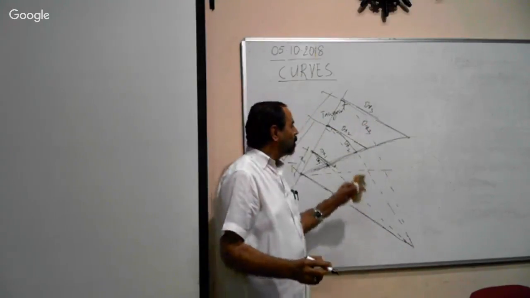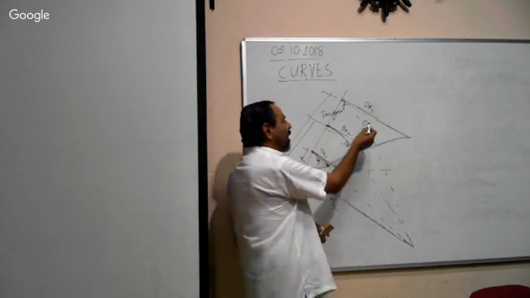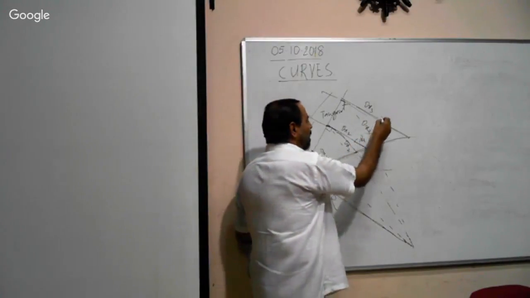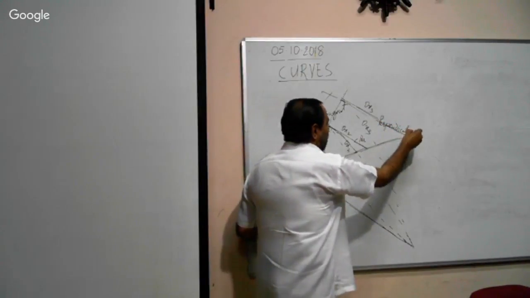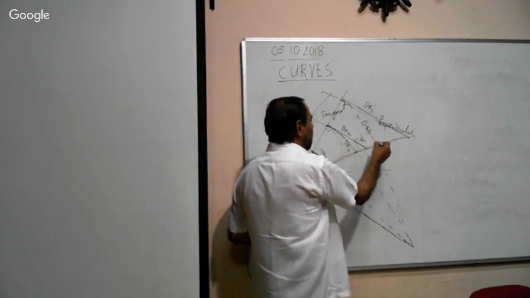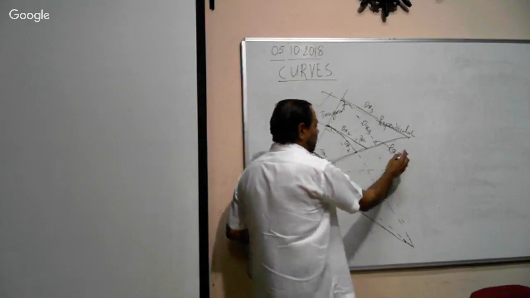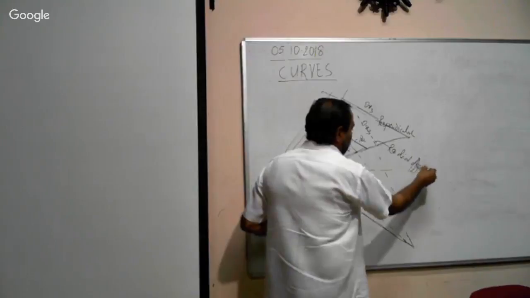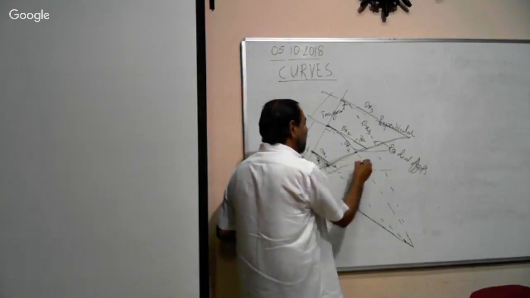So there are two types of offset. You can see here, the first offset we have done, these are perpendicular offsets. And these are radial offsets.